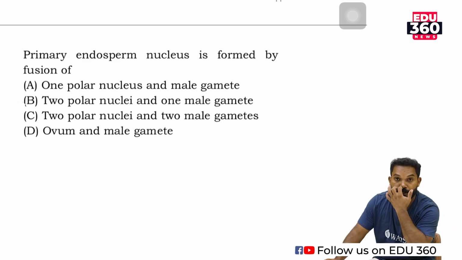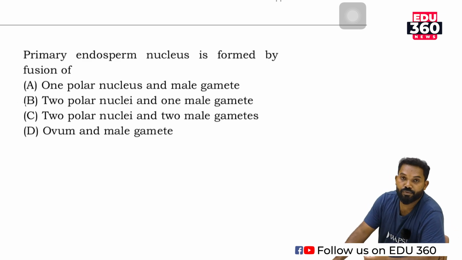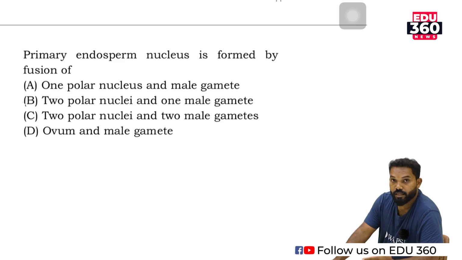After the release of the male gametes, one male gamete fuses with the egg cell to form the zygote. The other male nucleus fuses with the two polar nuclei, which have fused earlier to form a secondary nucleus.